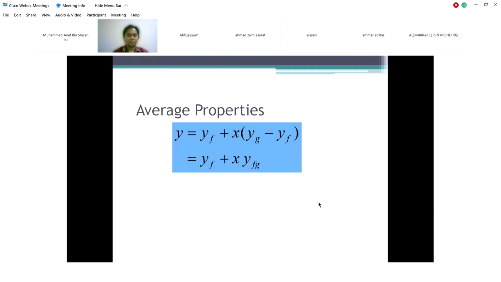So for average properties, this is the general equation. Just now we had V, U and H, but now we have Y. Y is referring to the general property. So you can change Y into V or H or U, because Y is equal to Yf plus X Yfg.